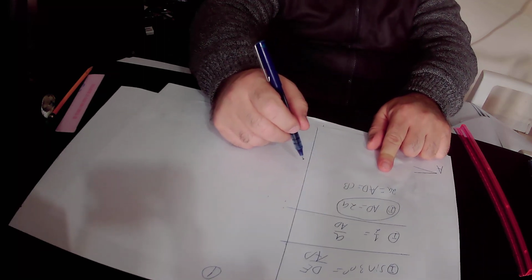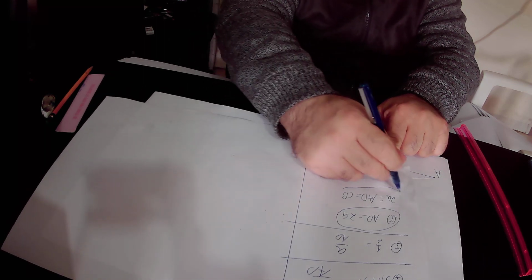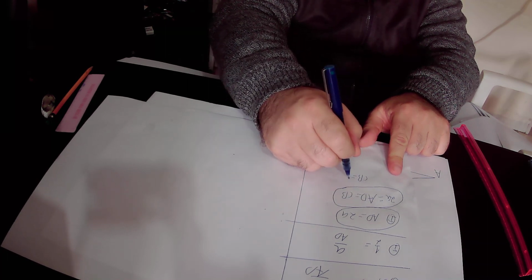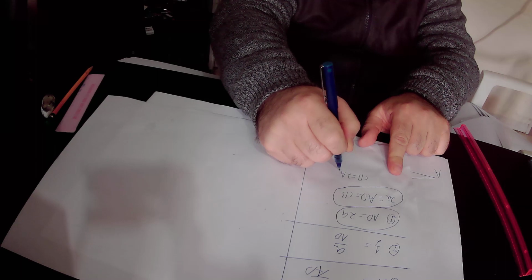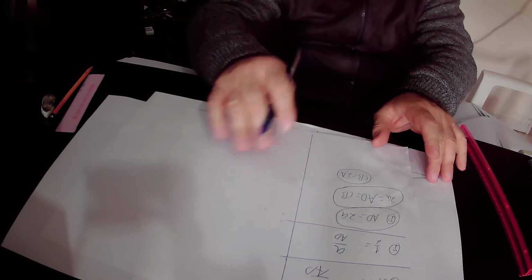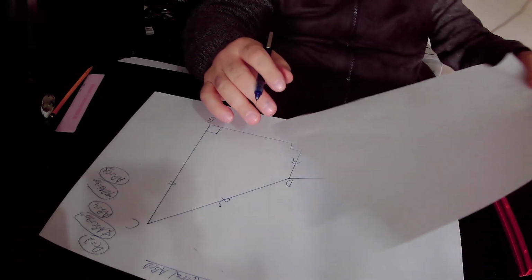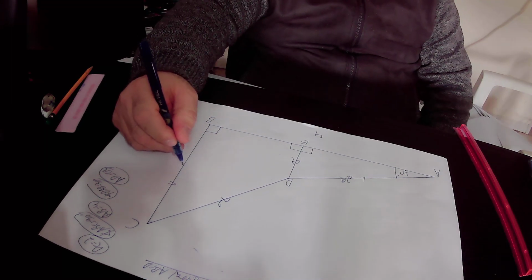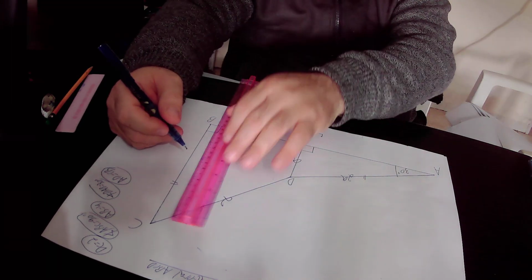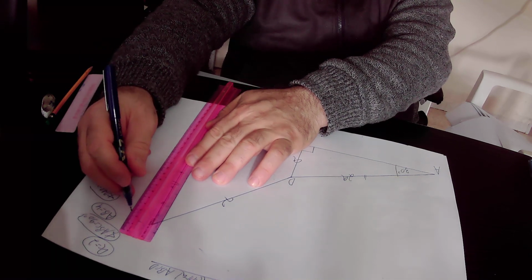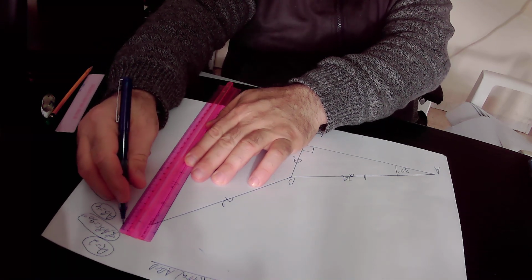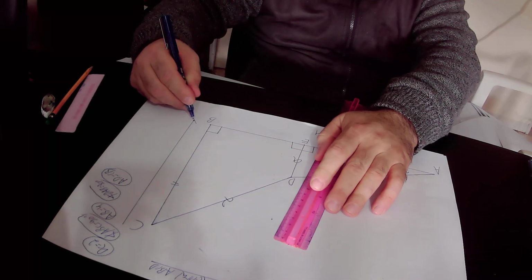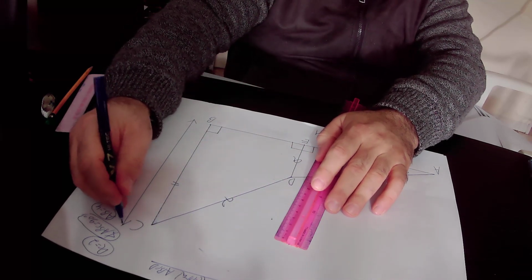So from this equation we will derive that CB also equals 2A. So we can write here that CB equals 2A.